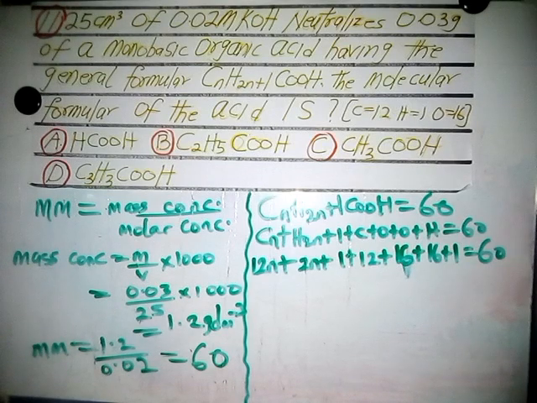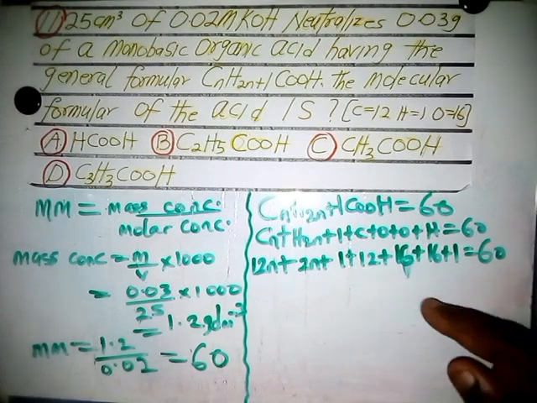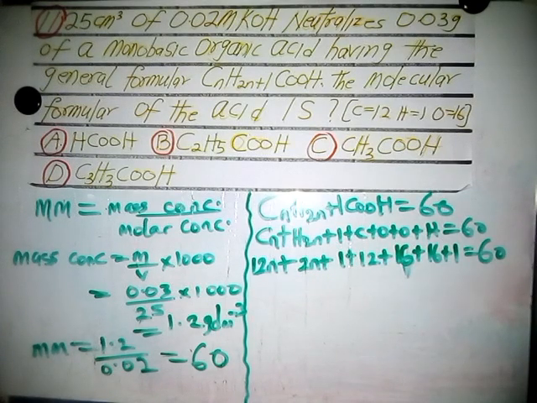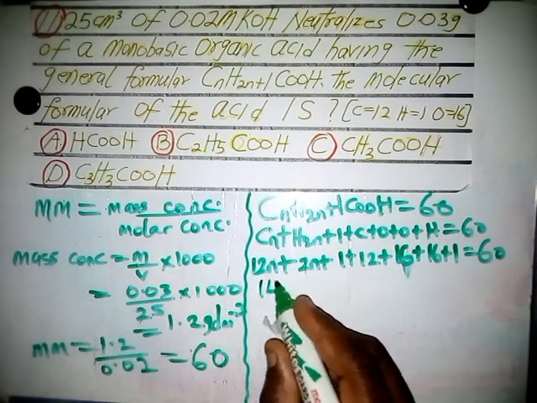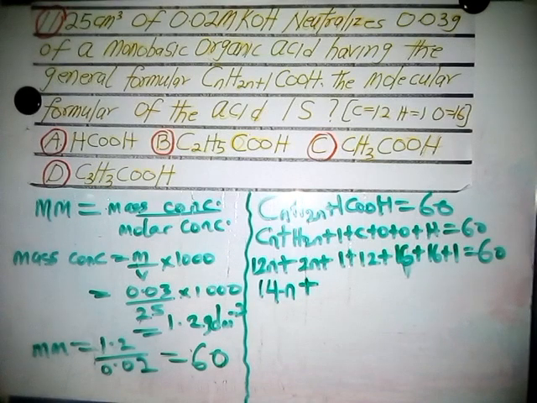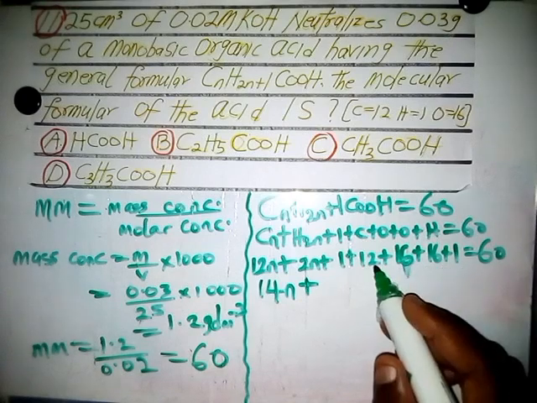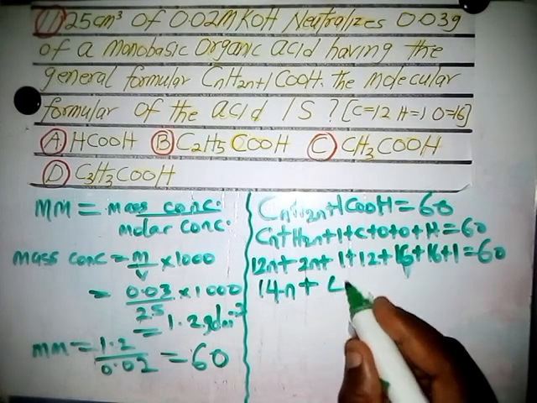So we'll add everything. Those with n are common, and the ones that don't have n, I have to put to the other side. When you add everything together, 12n plus 2n is 14n. The one that is common will add up, and the ones that are not common will add up with each other: 16 plus 16 plus 1 plus 12 plus 1, everything is 46.